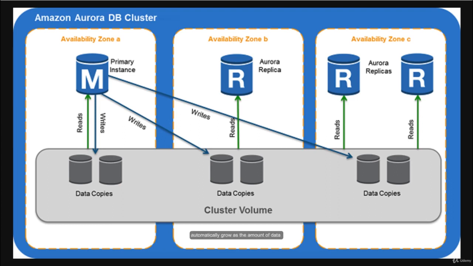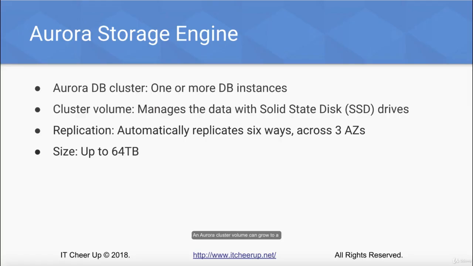Aurora cluster volumes automatically grow as the amount of data in your database increases. An Aurora cluster volume can grow to a maximum size of 64 terabytes. Table size is limited to the size of the cluster volume. That is, the maximum table size for a table in an Aurora DB cluster is 64 TB.